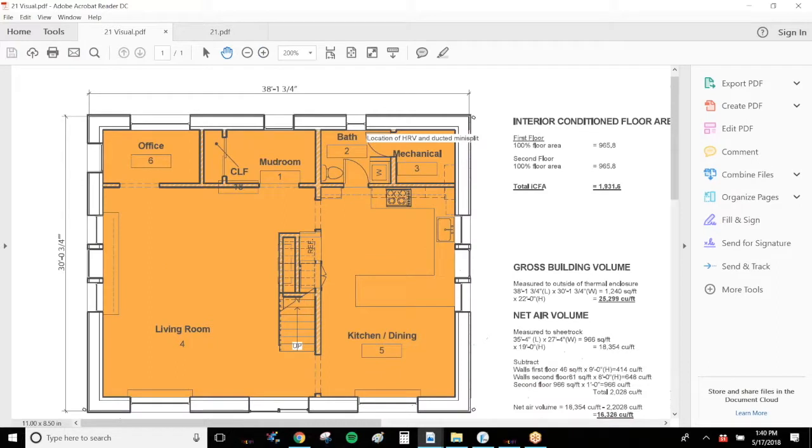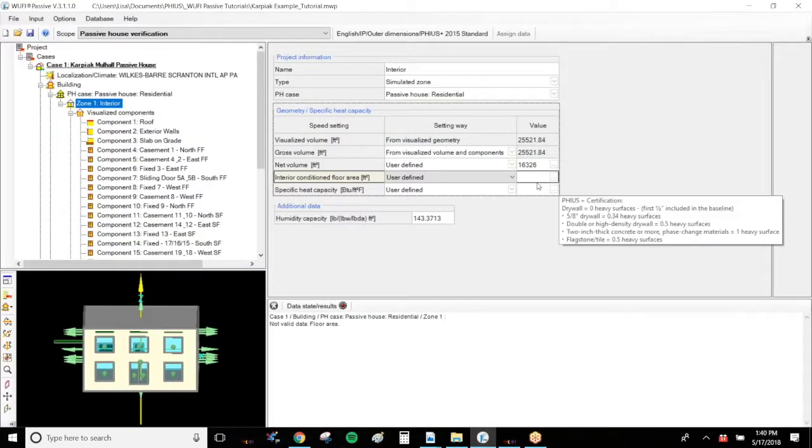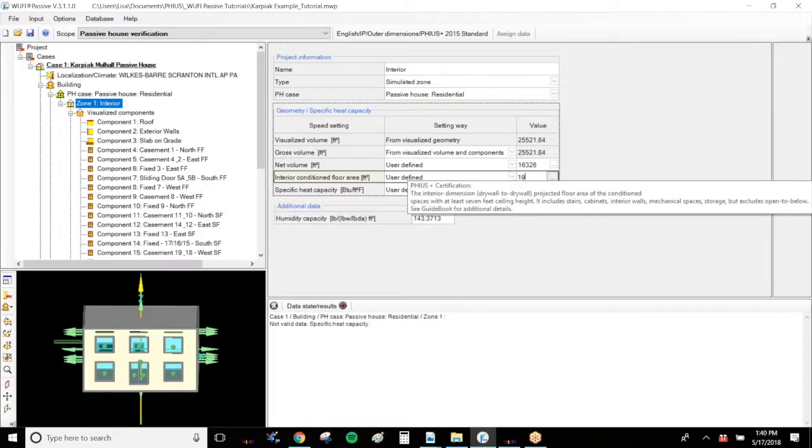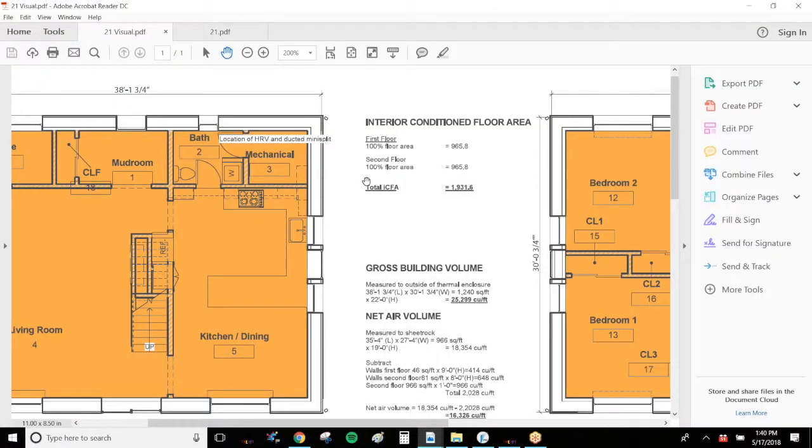So if we get a little closer here, you can see this was calculated for this project as 965.8 square feet per floor, totaling up to 1,931.6 square feet total. So again, make sure you're doing this detailed calculation.